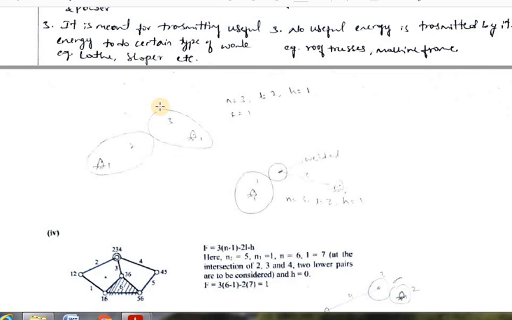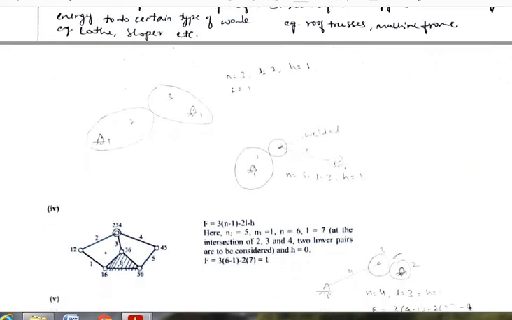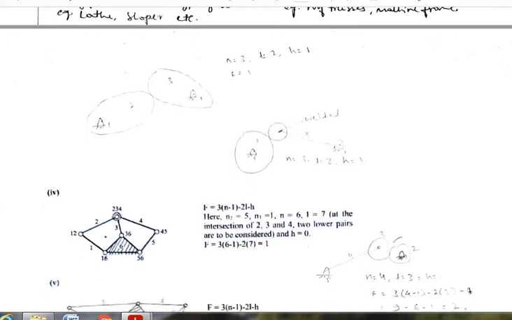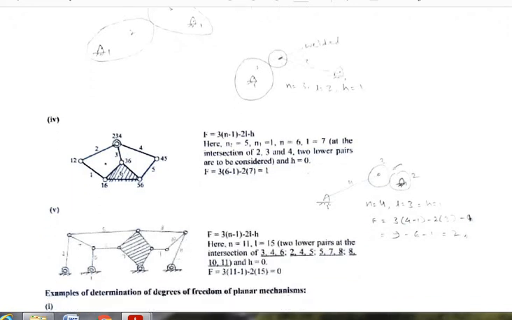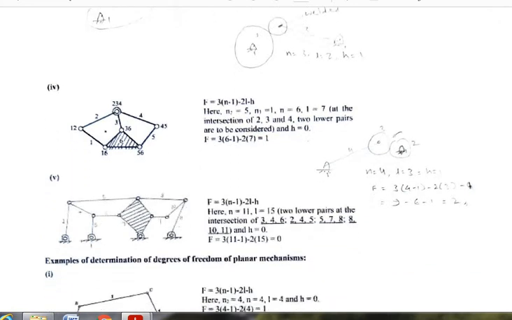Similarly we can consider the other examples. I'm going to post the other examples on the WhatsApp group, and I request you to solve those examples, find the degrees of freedom for the posted examples, and you can send your answer in the WhatsApp group also.